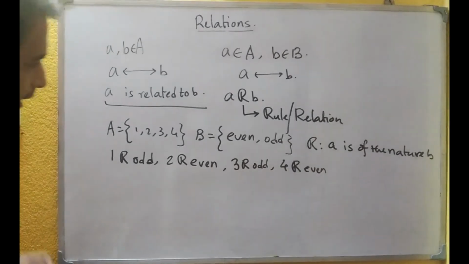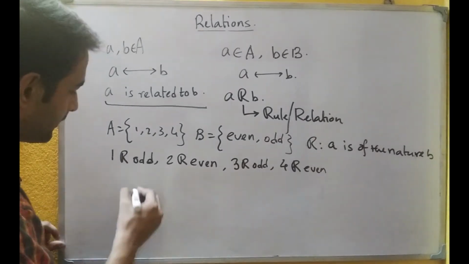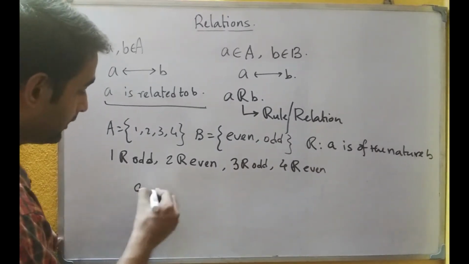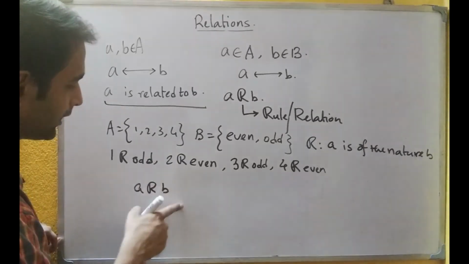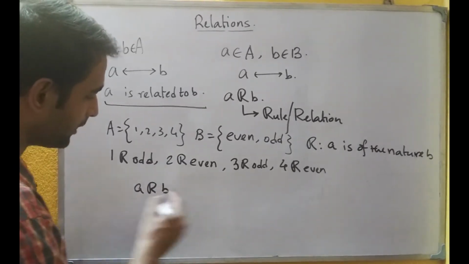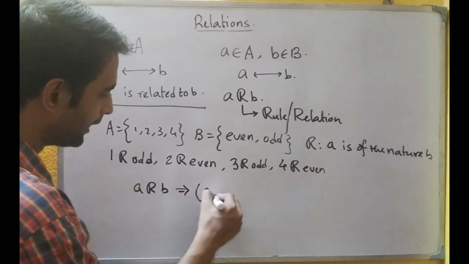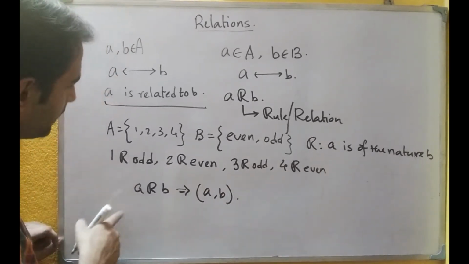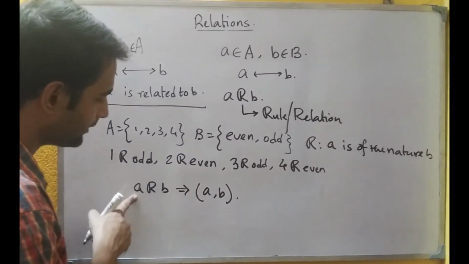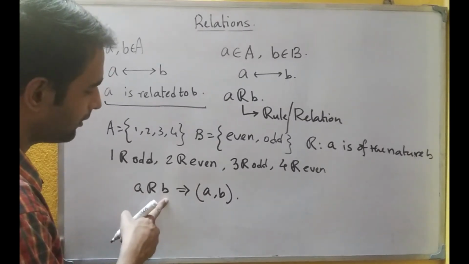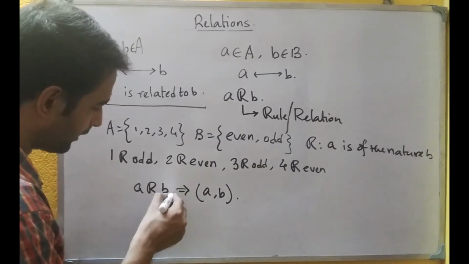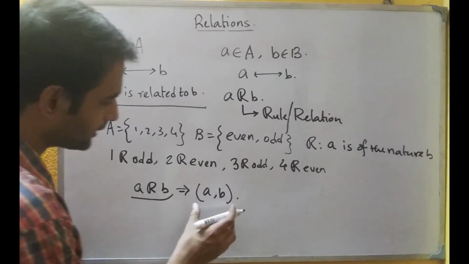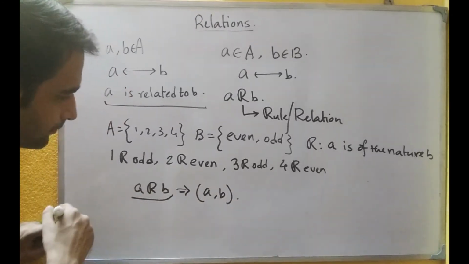A more convenient way to write the relation is like this. We will consider for the term ARB the ordered pair AB. That means whenever some element A is related to some element B, that is we can write ARB, we will consider this ordered pair AB.